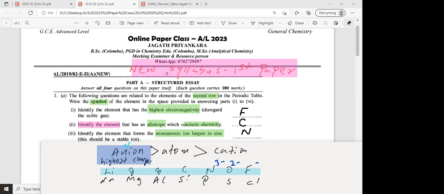Is that clear, everyone? So what happened? Anion with the highest charge will be the largest one, and the nitrogen atom is smaller than that.